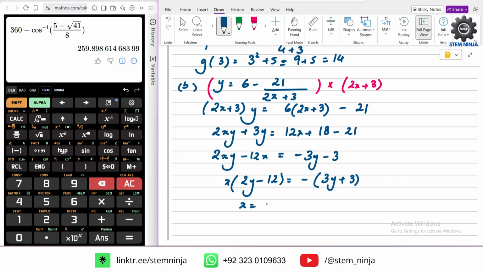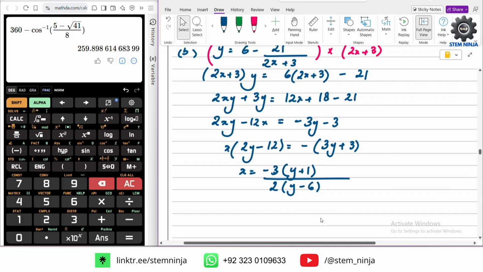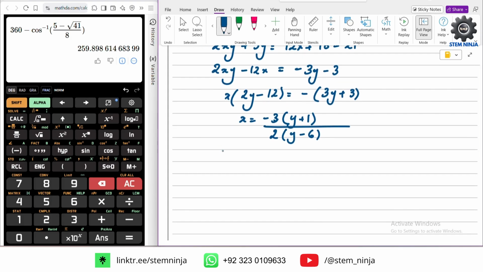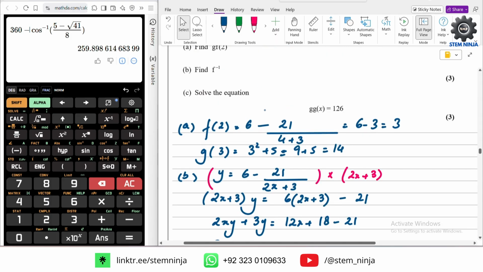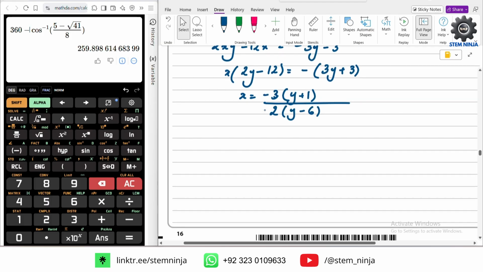So x would be minus 3y plus 1 divided by 2y minus 6. Now wait a second, was this g or f? F, okay.